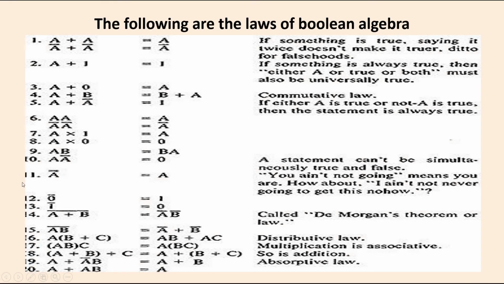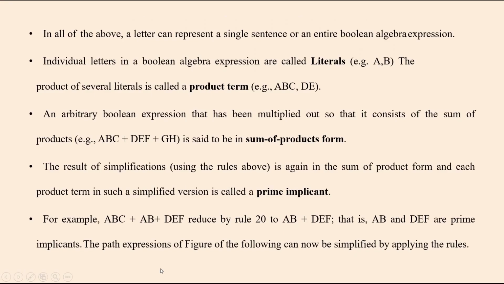In rule number 20, A plus A into B is equal to A, so it is one kind of absorption law. Here we absorbed ABC plus AB, so we reduced it to AB plus DEF. AB and DEF are called the prime implicants in this particular expression.